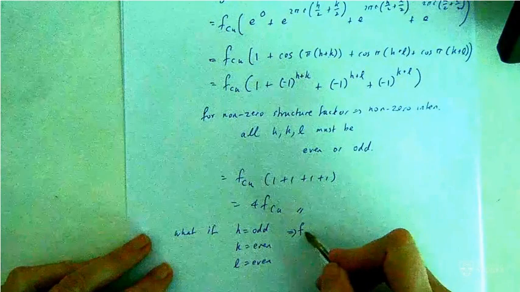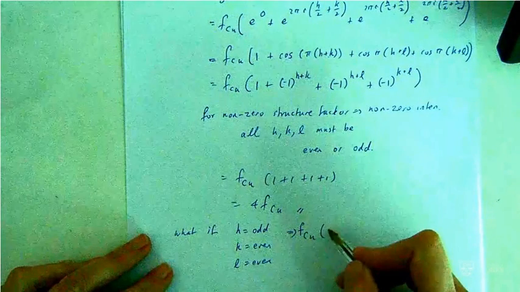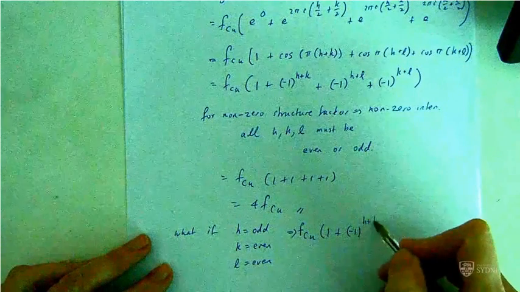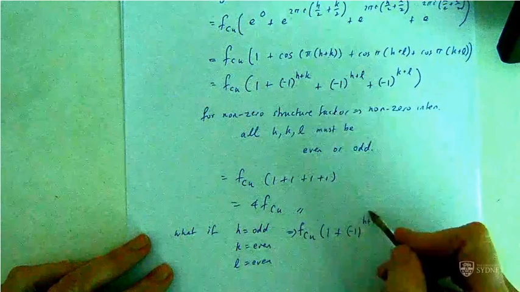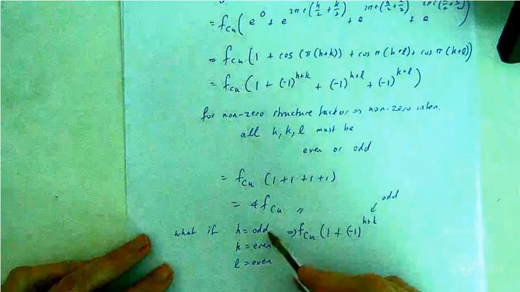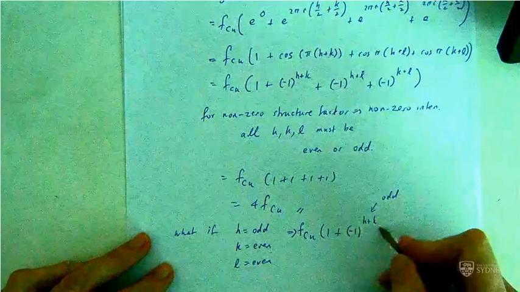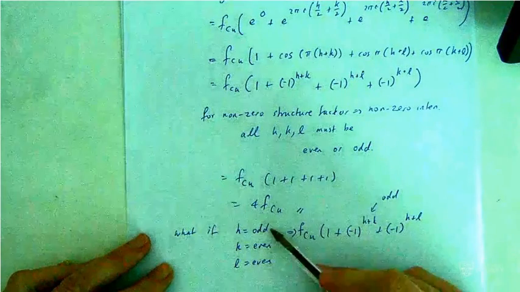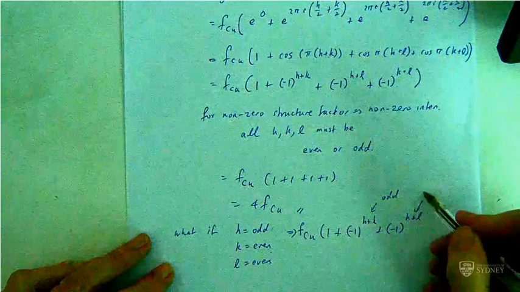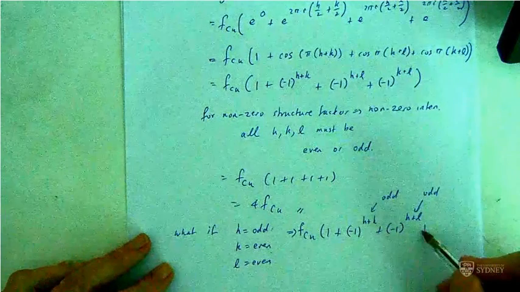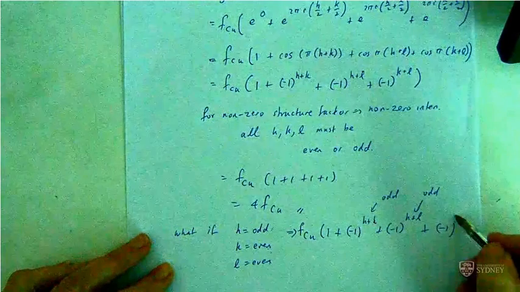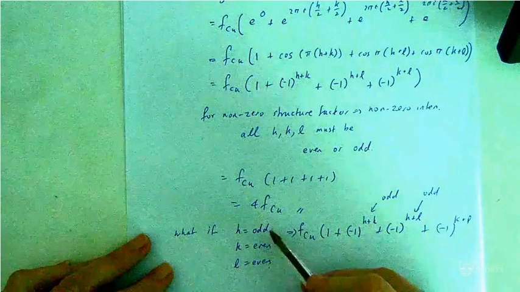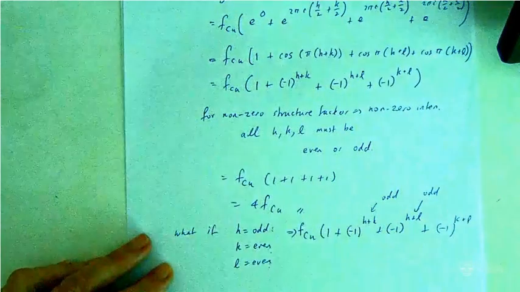You will get 1 plus (-1)^(H+K), that will give you an odd number, because odd plus even gets you odd, plus (-1)^(H+L), odd plus even, also odd, plus (-1)^(K+L), even and even is an even.